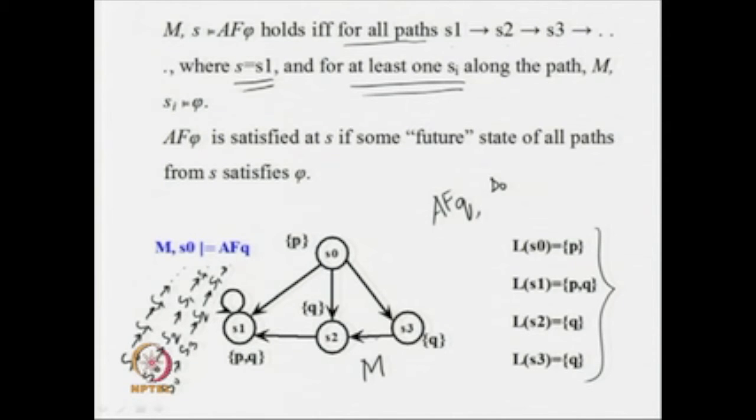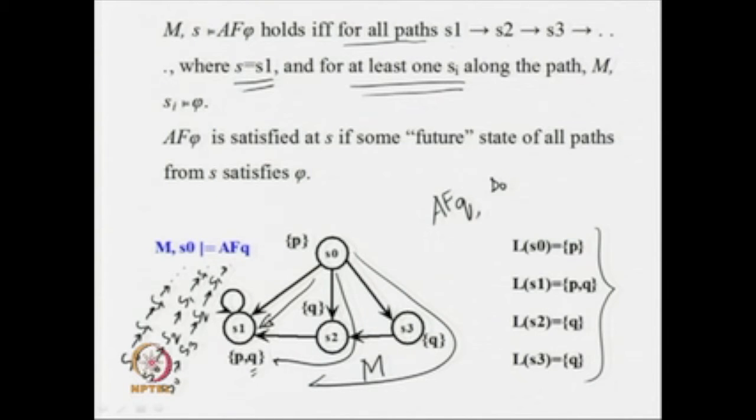Now, we are going to look at AF q, that means whether we get a future state where q holds. Obviously, when I go by this particular path, we get a state S1 where q is true. When I go by this path, we find that in S2 q is true. If I follow this path, we find that q is true in S3.